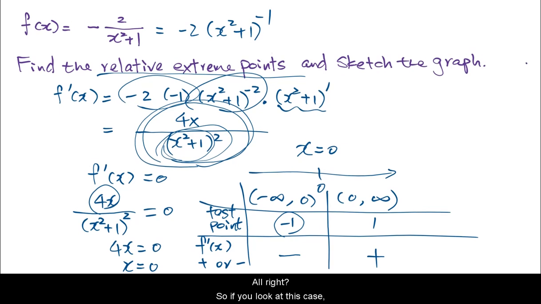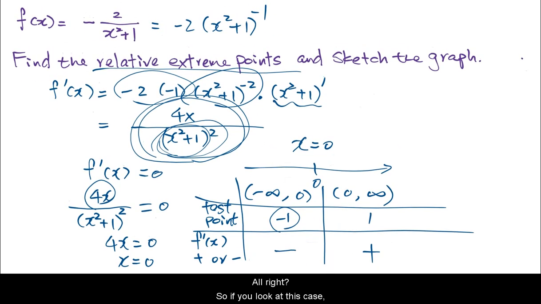So if you look at this case, you have the graph decreasing on this interval, and then the slope becomes 0 at x equals 0, and then increasing. So that means we have a local minimum, or relative minimum, at x equals 0.